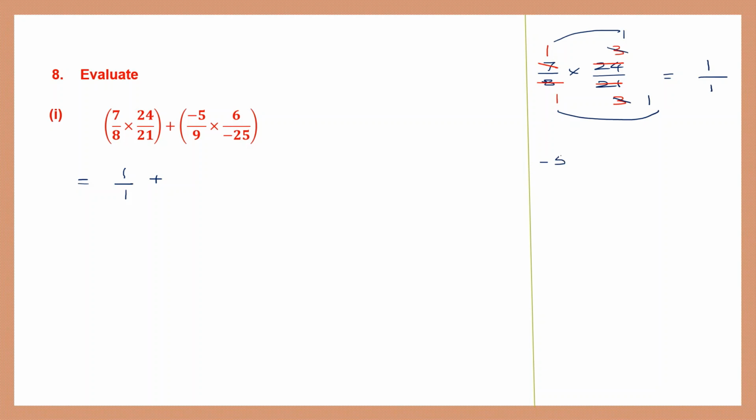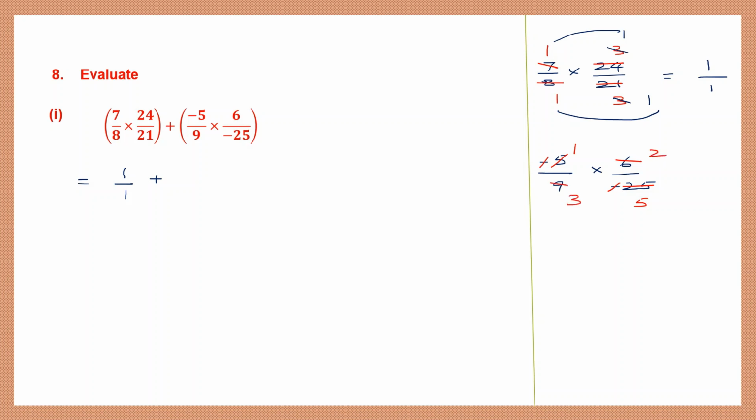So inside the other set of brackets, we have minus 5 by 9 into 6 by minus 25. So here let's cancel the minus signs. We can cancel 5 and 25 both by 5. 5 1s are 5, 5 5s are 25. We can cancel 6 and 9 by 3. 3 2s are 6 and 3 3s are 9.